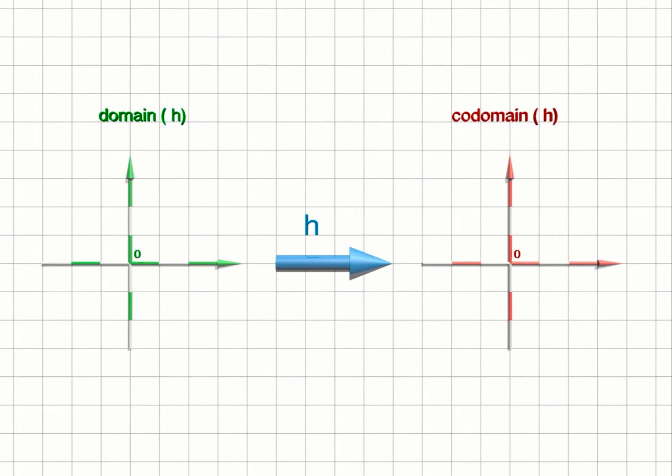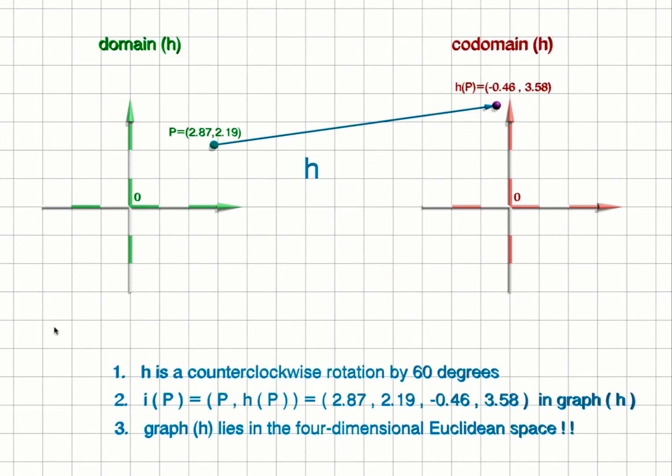And the map h goes from one to the other. As usual, we fix a point P in the domain. In this case, P will have two coordinates, 2.87, 2.19, and its image as well will have two coordinates, negative 0.46 and 3.58.